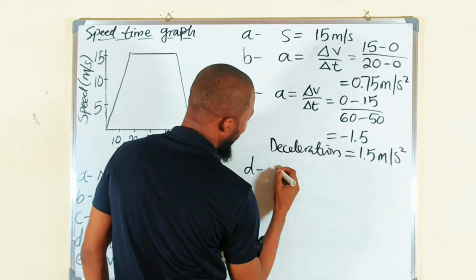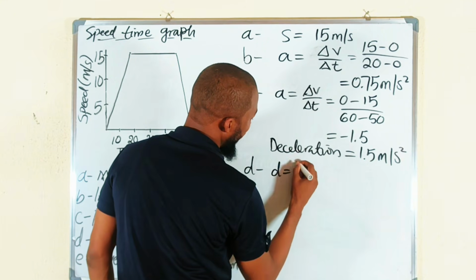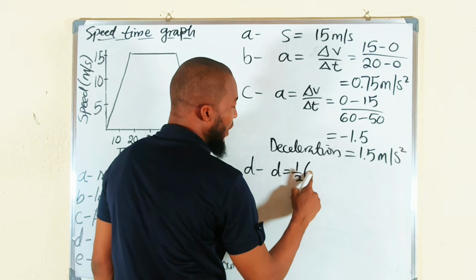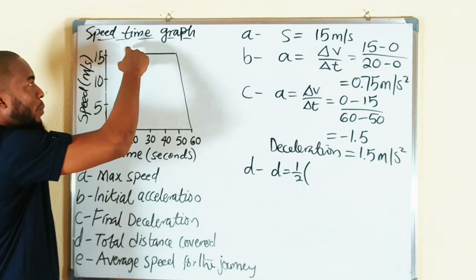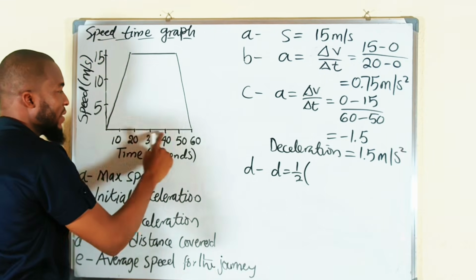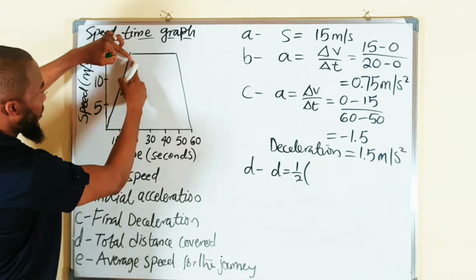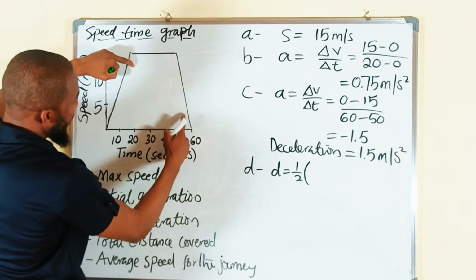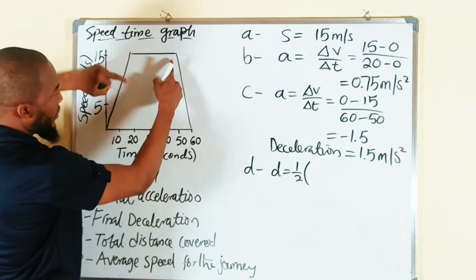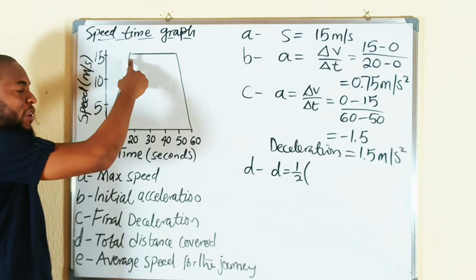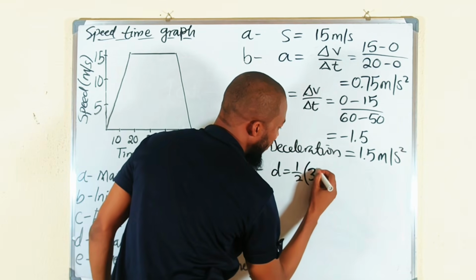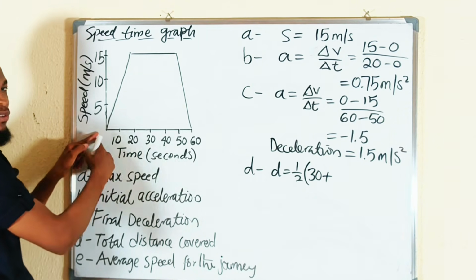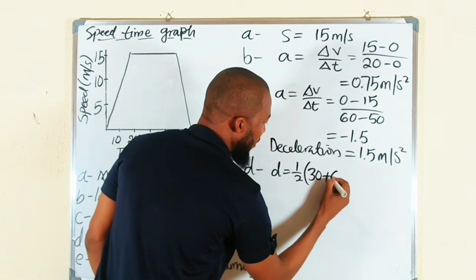Therefore, we are going to take the formula for distance as 1 divided by 2, multiplied by (A plus B). A is this length, B is this length. So what is this length? You can see this one starts under 20 and it ends under 50. So this is 50 minus 20, which is 30. Plus the length here, from 60 to 0, that's 60 minus 0, which is 60.